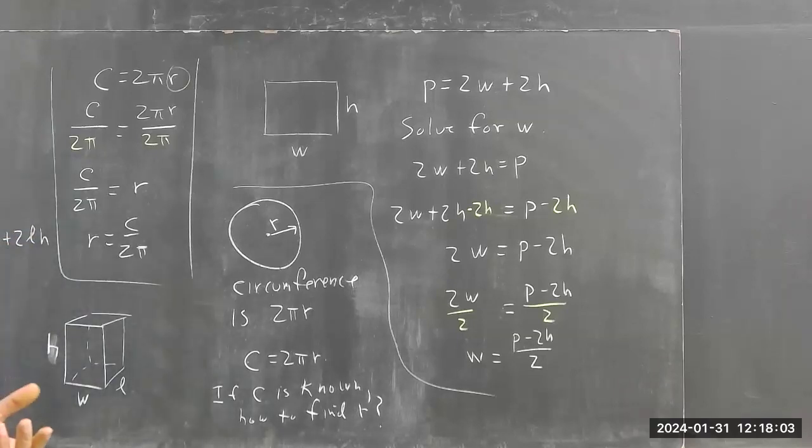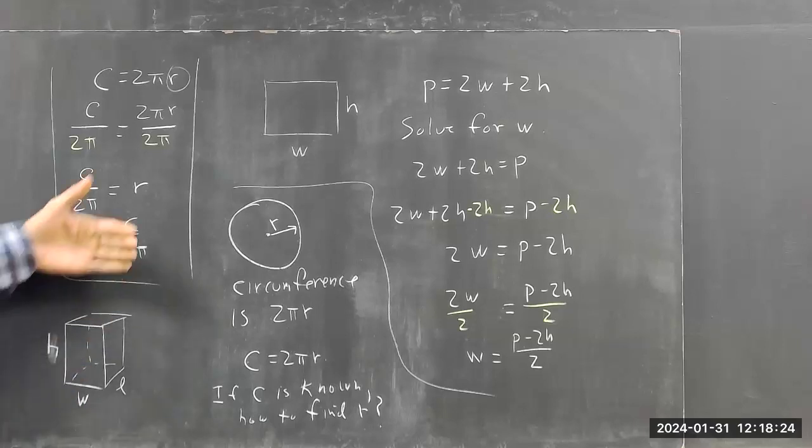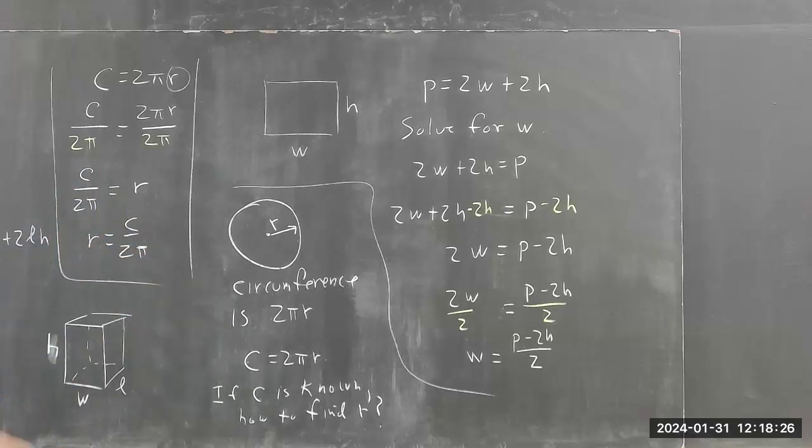And the reason for that is pretty simple. If you look at the front face of the solid, we have a rectangle with W by H. So if we multiply the two dimensions, W times H, that gives us the area of the front. The area of the back is the same as the area of the front, so we have two of them.